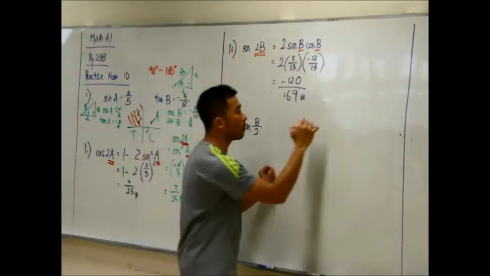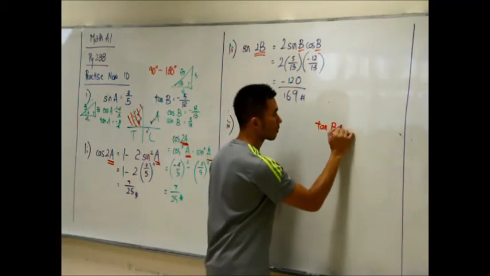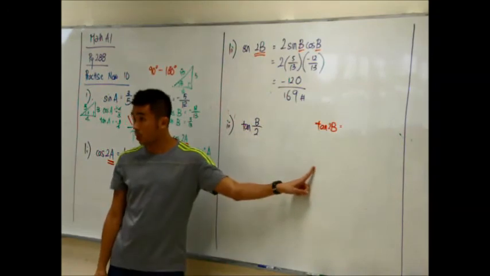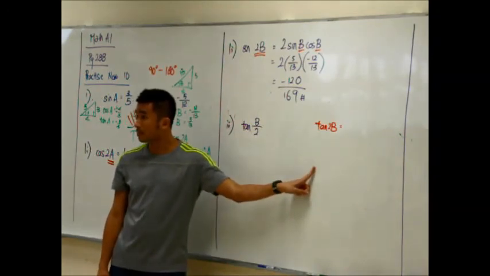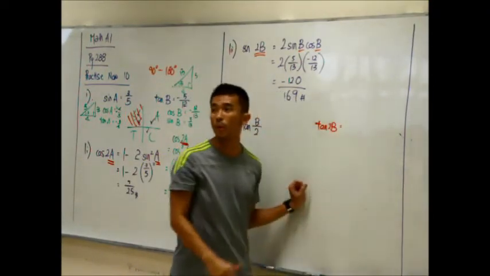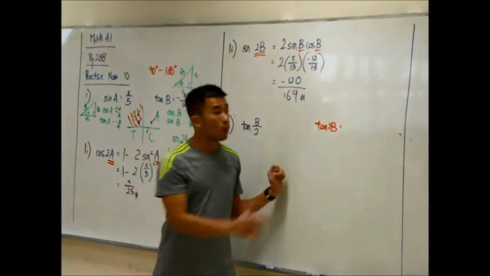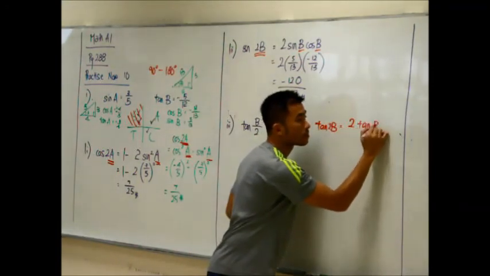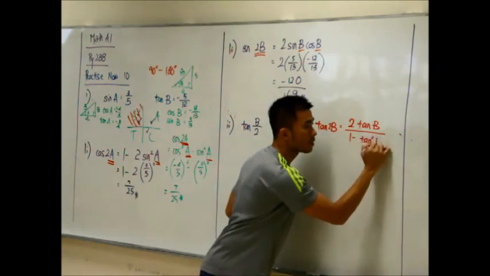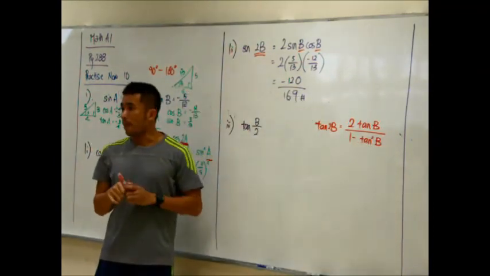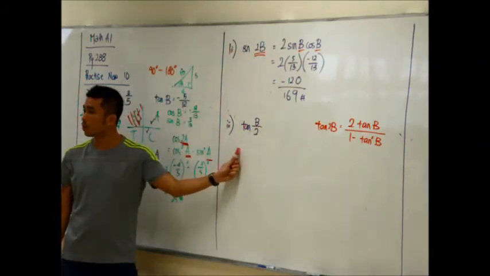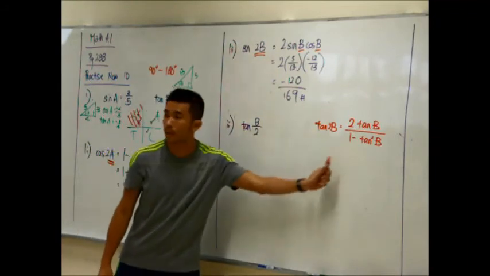Because if you refer to the formula sheet, if I have tangent 2b, what do I get? 2, not 1. 2 tangent b over 1 minus tangent b squared. Am I right? There's no way this one will look like this one.